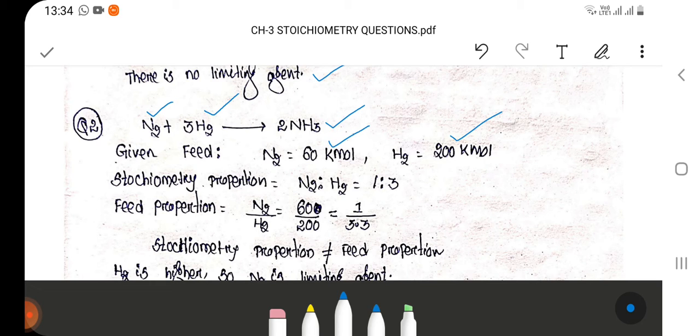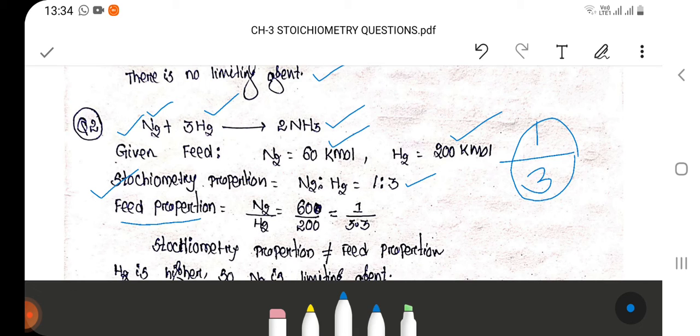So again we have to calculate the stoichiometric proportion. We take the coefficient of nitrogen in the equation, that is 1, divided by the stoichiometric coefficient of hydrogen in the reaction, that is 3. So the stoichiometric proportion is 1 by 3 or 1:3.